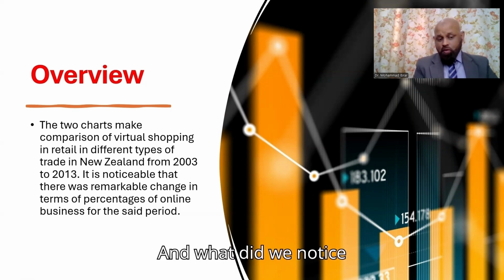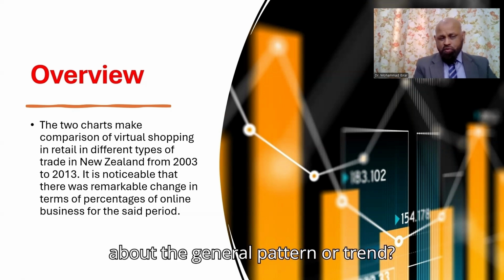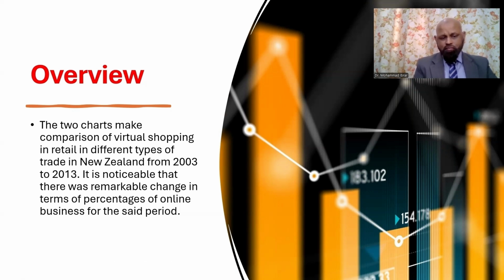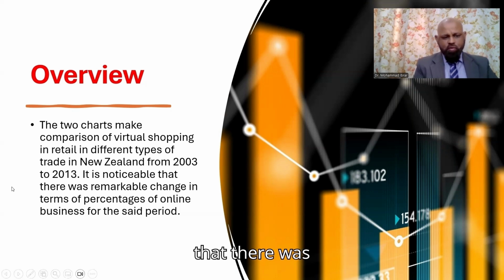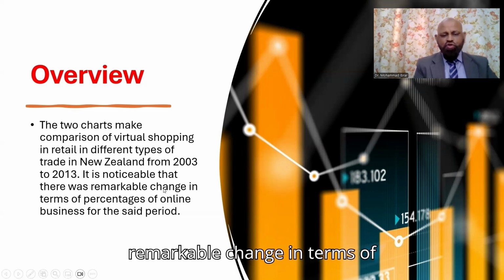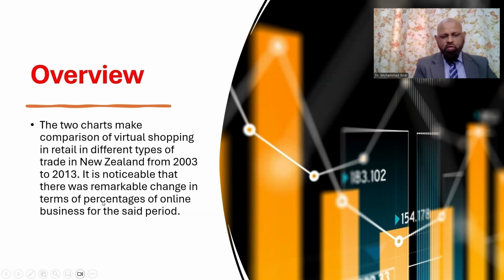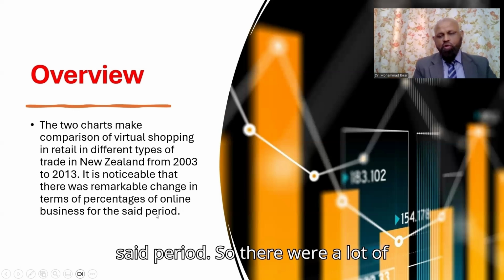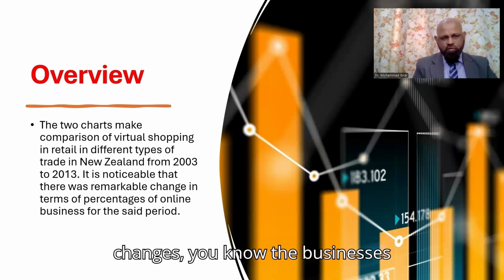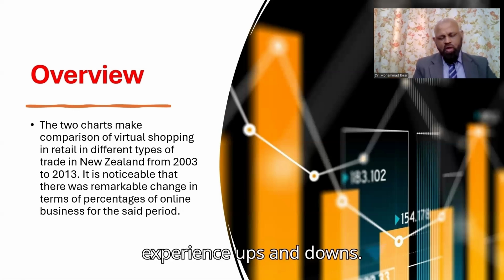And what did we notice about the general pattern or trend? So we write here: it's noticeable that there was remarkable change in terms of percentages of online business for the said period. So there were a lot of changes. The businesses experience ups and downs.